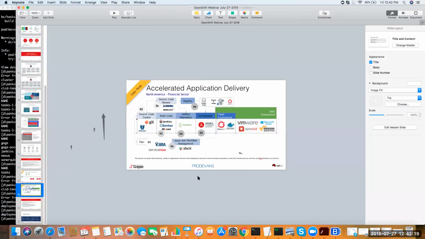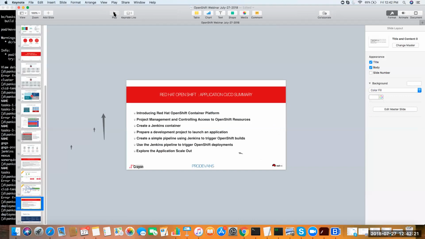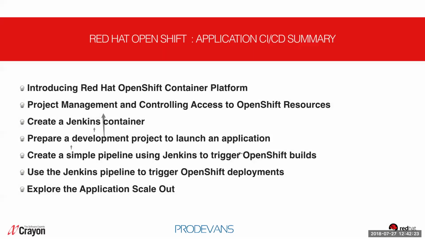So let me quickly summarize. What did we do? I gave you an introduction to the Red Hat OpenShift Container Platform. We understood that project management and controlling access to OpenShift is essential, right? That means you have been given access to edit and manage the pod using OC ADM.